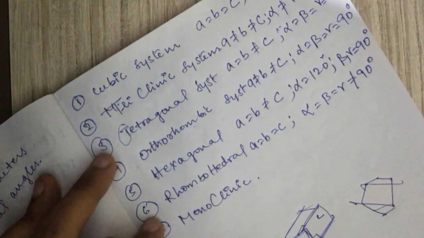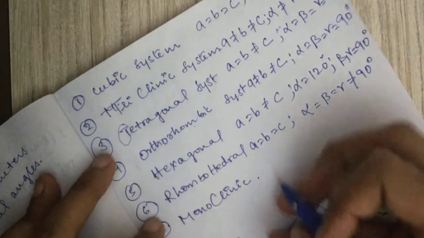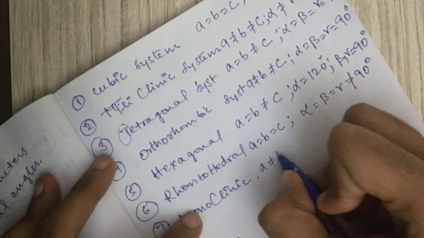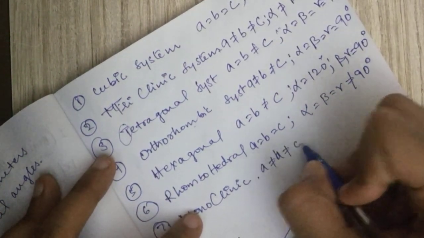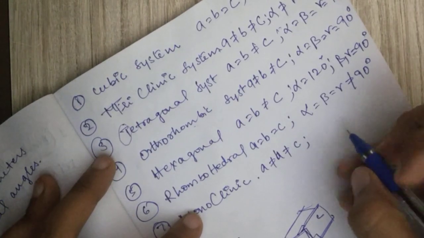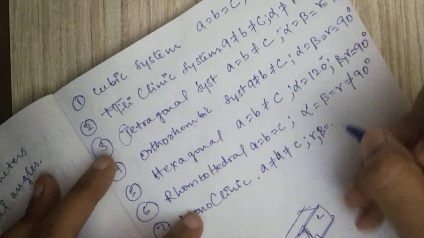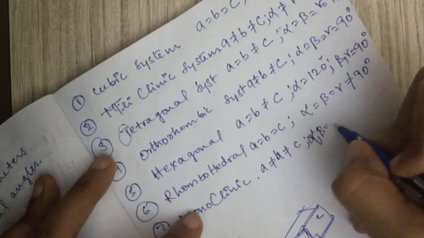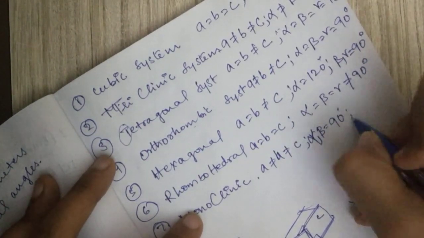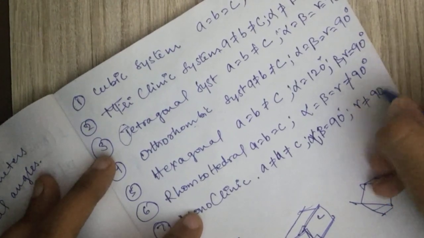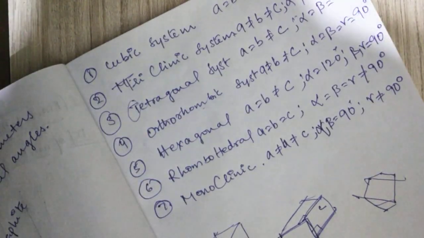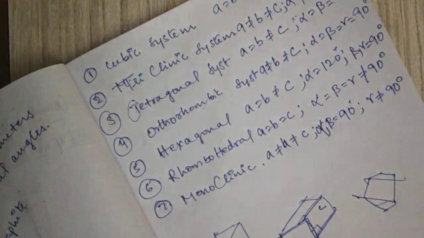Coming to the monoclinic system, all sides are not equal, alpha and beta are 90 degrees, but gamma is not 90. These are the basic systems which you need to remember. Thank you.